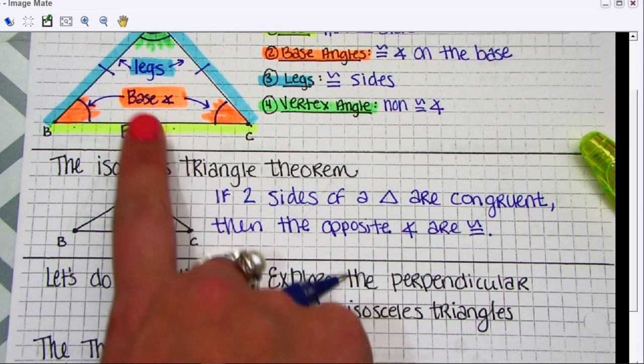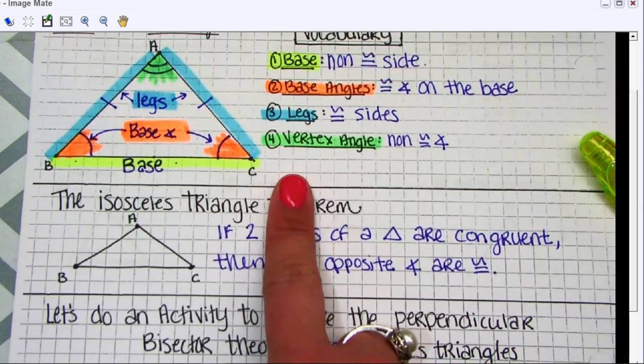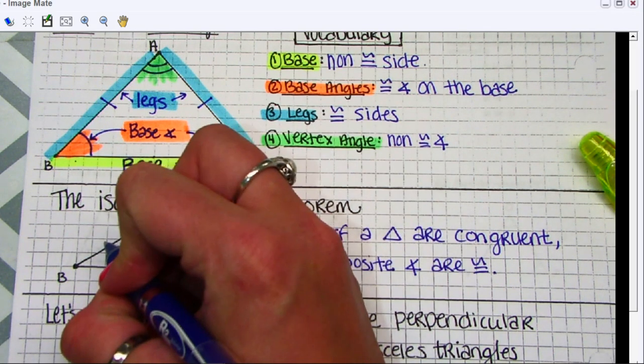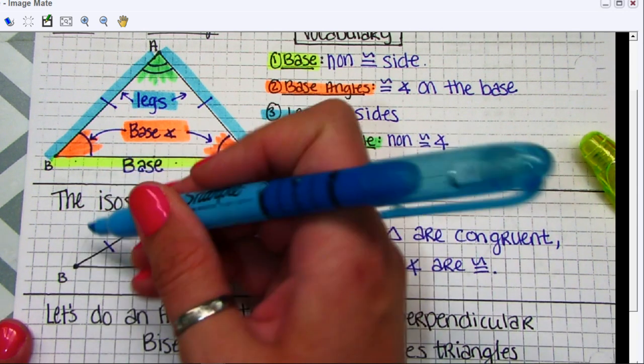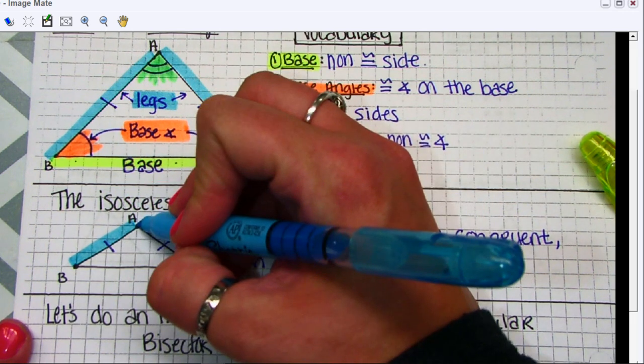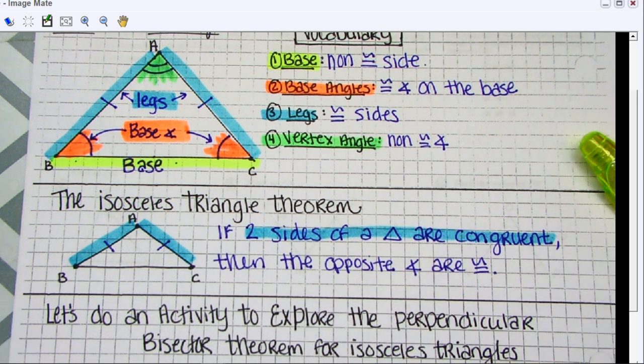Look up here. Which ones are the two congruent sides? Look at your definitions. They're called the legs. Good job. So here, let's draw them. I'm going to match the color. I used blue, so I'm going to use blue down here to be consistent. Two sides are congruent. Those are the legs.